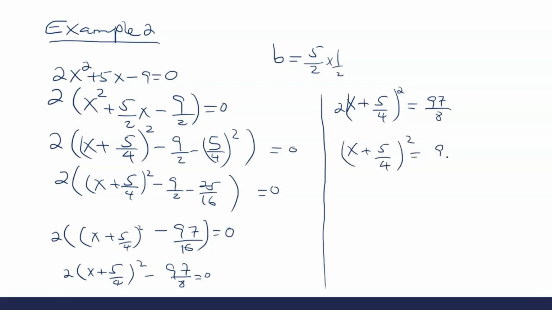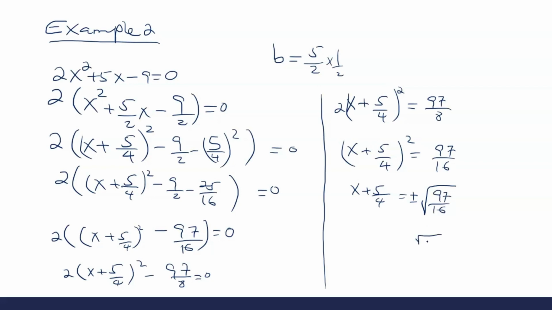So that gives us 97 over 16. So we get the square root on both sides. So on the left hand side we get x plus 5 over 4. That's going to be the square root of 97 over 16, which gives me 4.